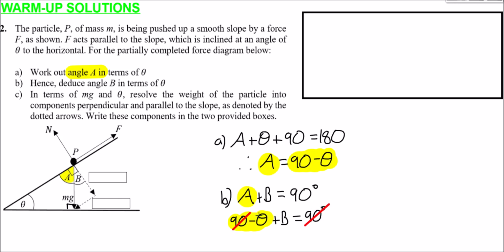So minus theta plus B equals 0. A bit of rearrangement, it's not too hard. We can hopefully convince ourselves that B is angle theta. And this is going to be particularly useful in this chapter. So B and theta are one and the same.